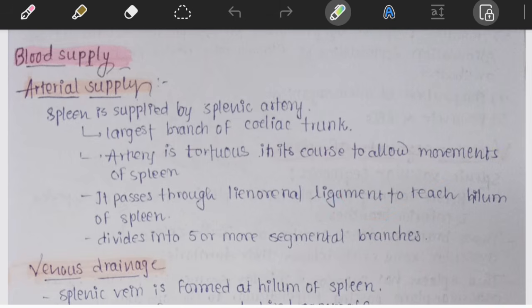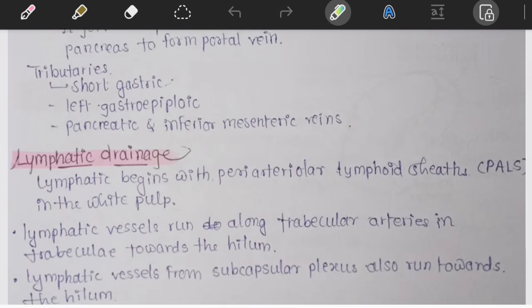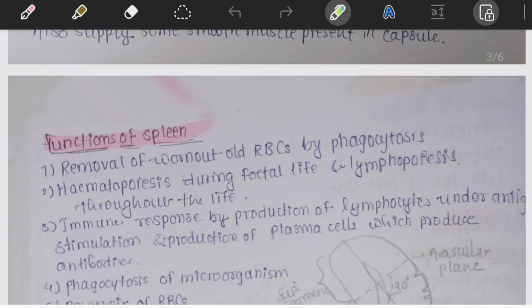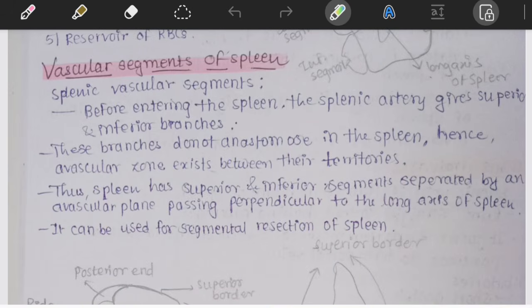This is extremely important. Let's see about the vascular segments. Inside the spleen, these arterial branches behave like separate territories, and there are generally superior and inferior vascular segments separated by a relatively avascular plane. Why is it clinically useful?